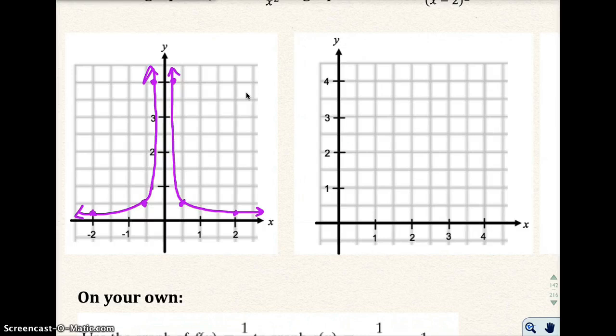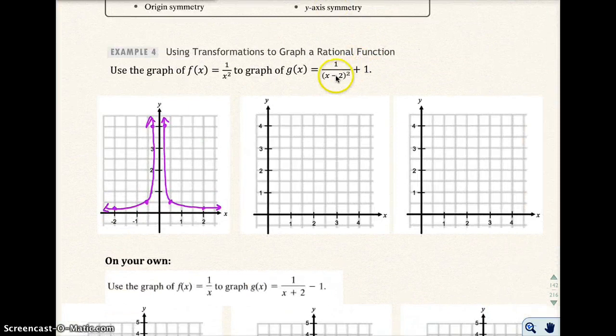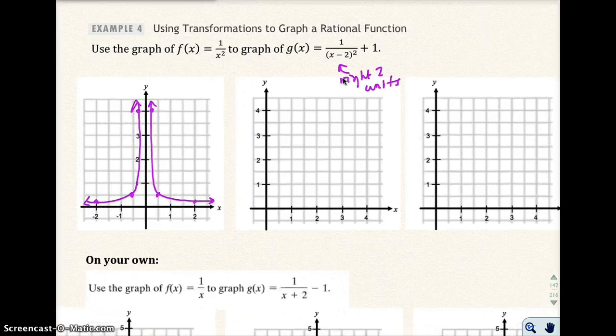Now we're talking about transformation. We talked about transformation in the last chapter. If I now have this minus 2 down here and the plus 1 from its original function, this tells me what to do. This down here tells me I'm going to move it to the right 2 units. That's my next step. Take each of these points and move to the right 2 units.